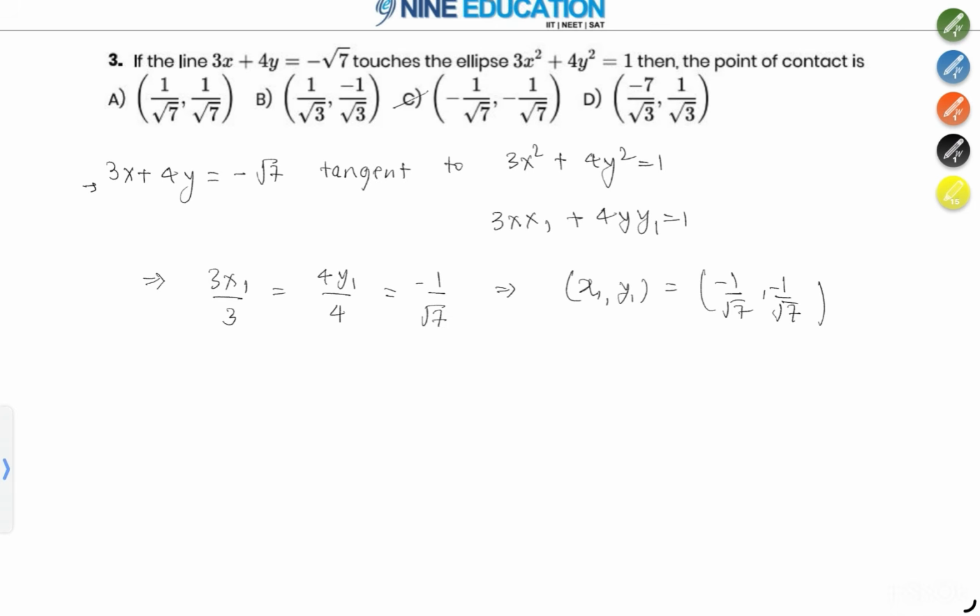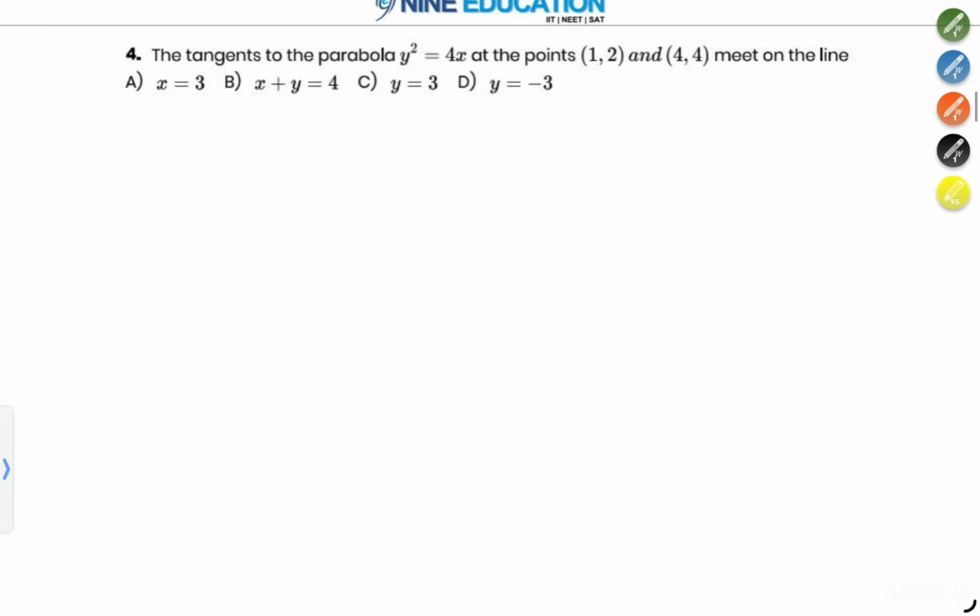So now let us move to question number 4. In question number 4 they have given the tangents to the parabola y square equal to 4x at the points 1 comma 2 and 4 comma 4, and they meet at a point that we have to find. Okay. So first of all, the parabola is y square equals 4x.